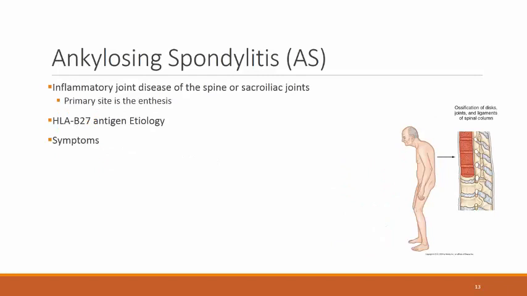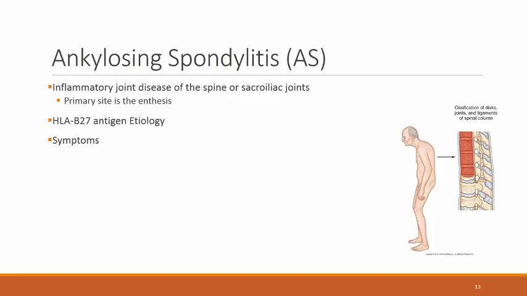Ankylosing spondylitis is an inflammatory joint disease that can cause stiffening and fusion of the joints. Again, it's a systemic, autoimmune inflammatory disease. In this case, inflammation in the spine or sacroiliac joints will cause stiffening and fusion of the joint.